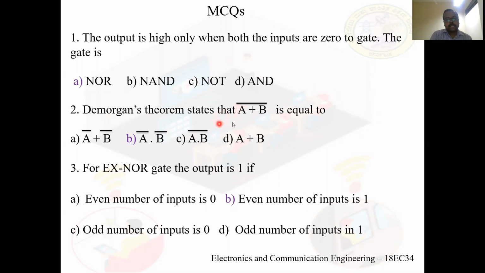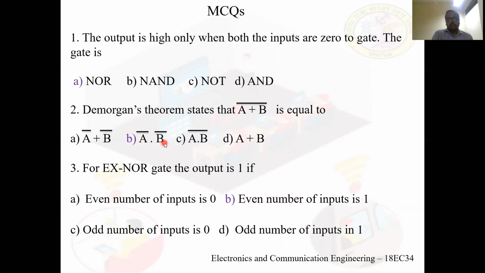Next, second question. De Morgan states that A or B whole bar is equal to what? I've included a multiple choice question on De Morgan's, one of the postulates of Boolean algebra. What it states is that the complement of A or B whole bar, the complement of this OR function, is equal to A bar dot B bar here, right?